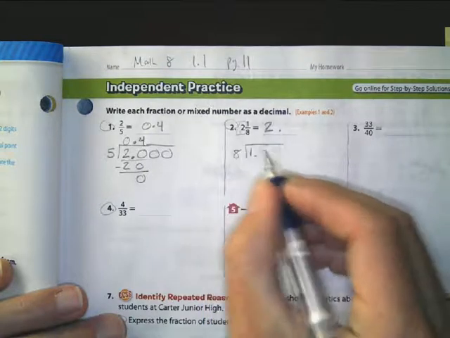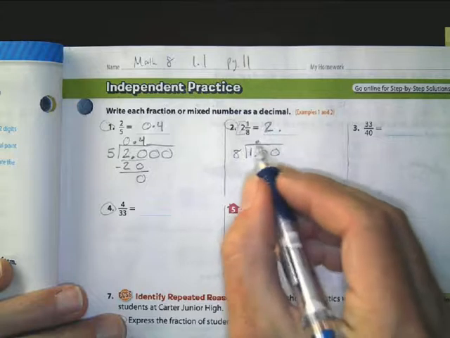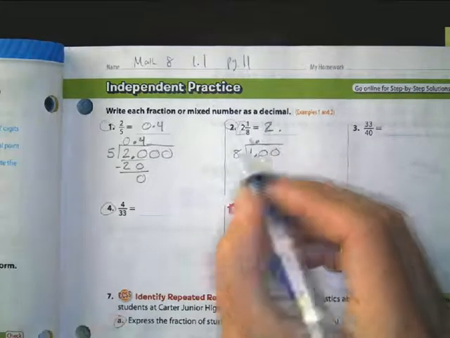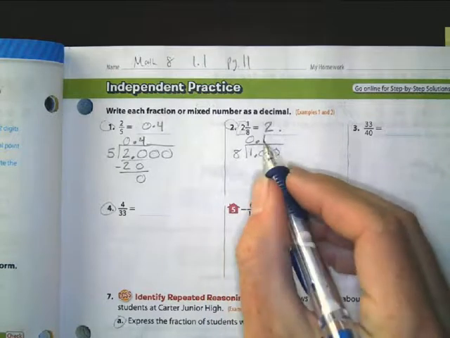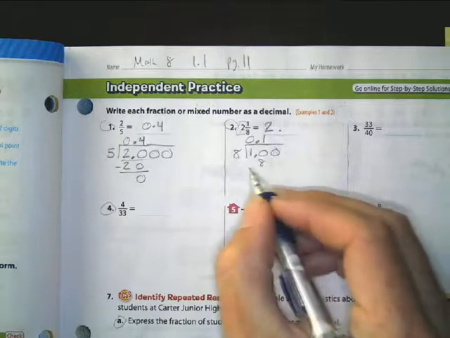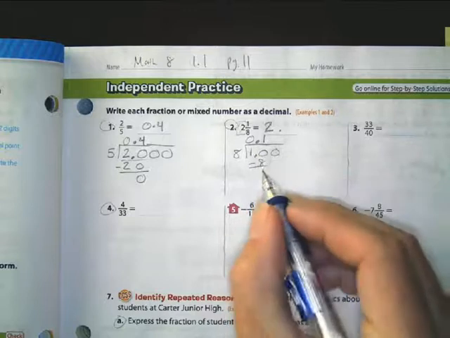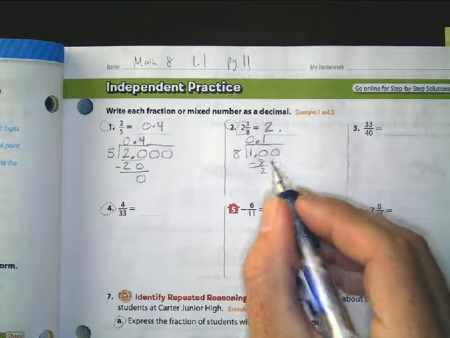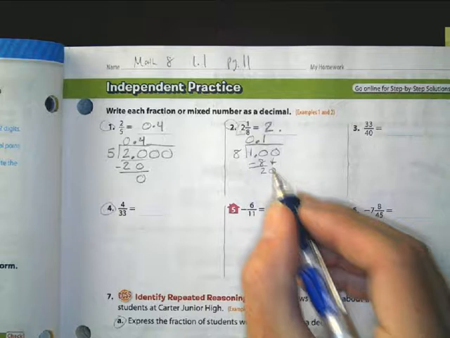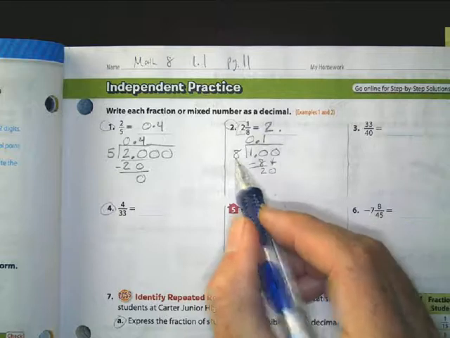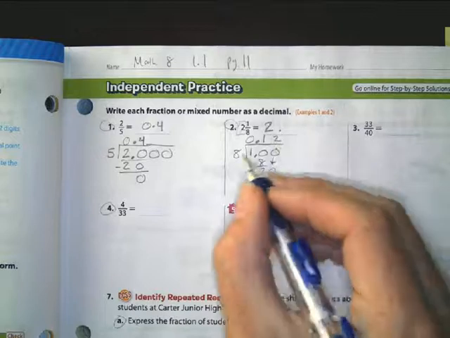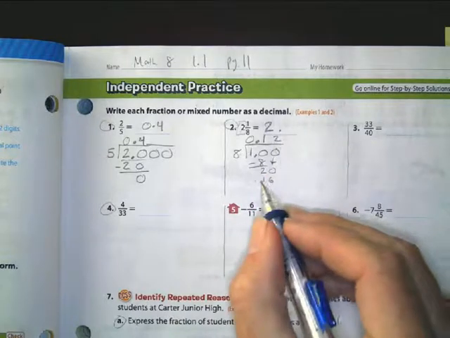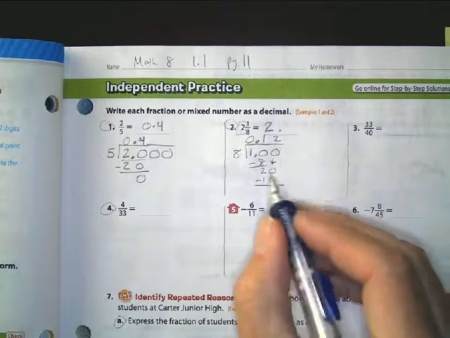All right. Now 8 goes into, put my satellite dish up on top, 8 goes into 1 0 times, but 8 goes into 10 1 time. 1 times 8 is 8, so I subtract. 10 minus 8 becomes 2. I'm going to bring down the 0, so now I have a 20 down here, and I'm going to ask how many 8s are inside the number 20. We're going to go with 2, because 2 times 8 is 16, and we're going to subtract again. 20 minus 16 is 4.